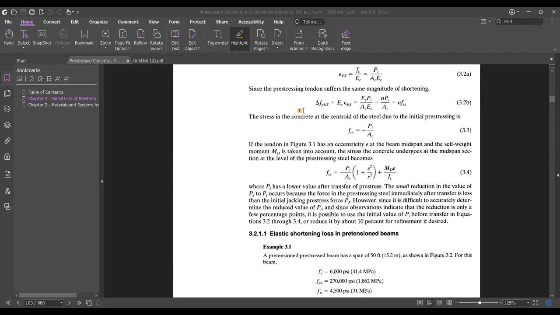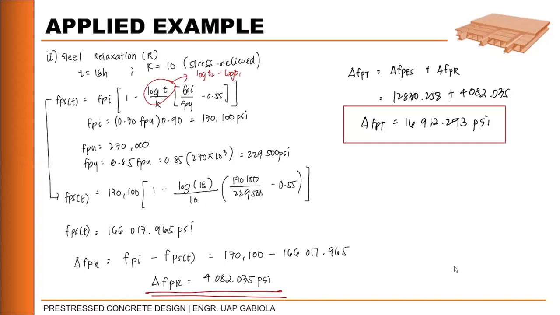So FPI equals PI over the area of our prestressing strand, where PI equals 0.9 PJ all over APS.